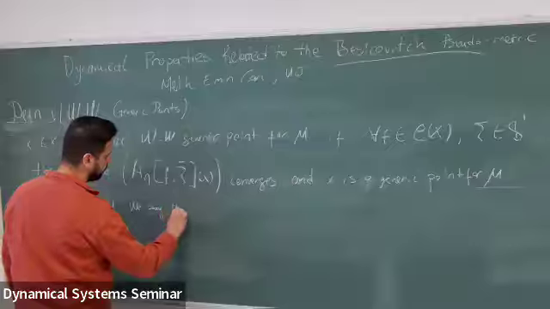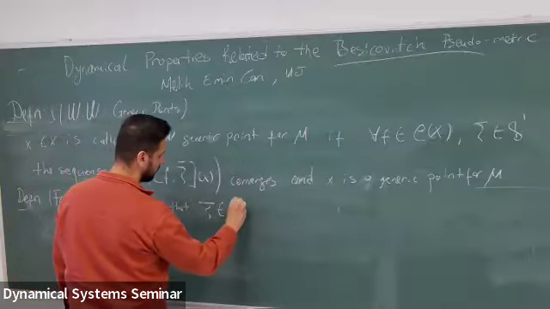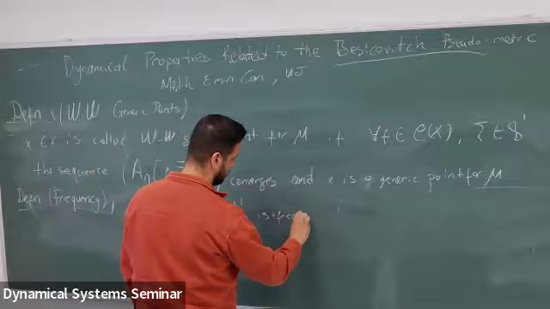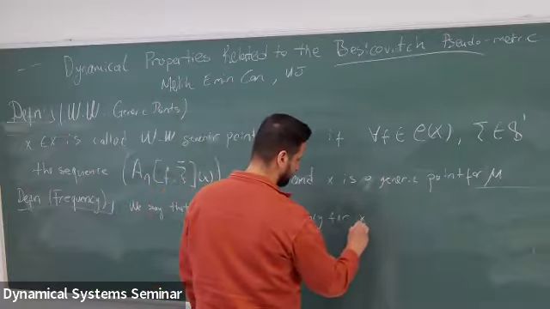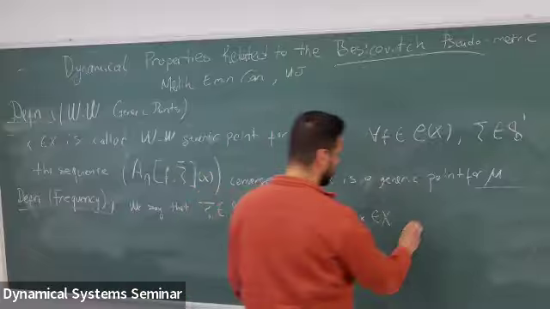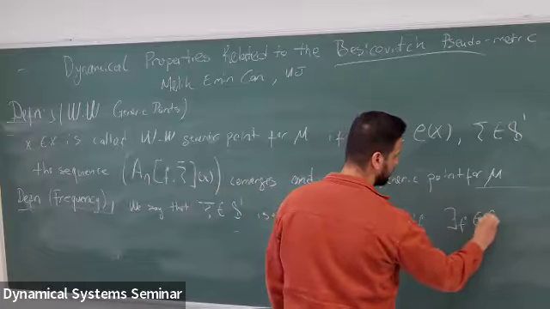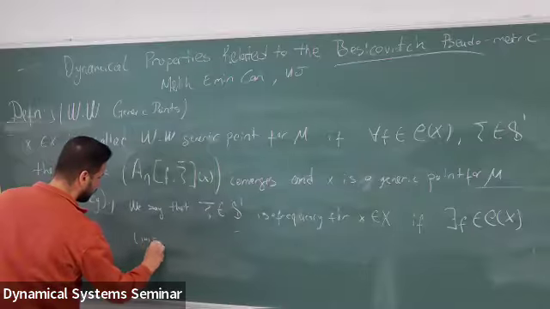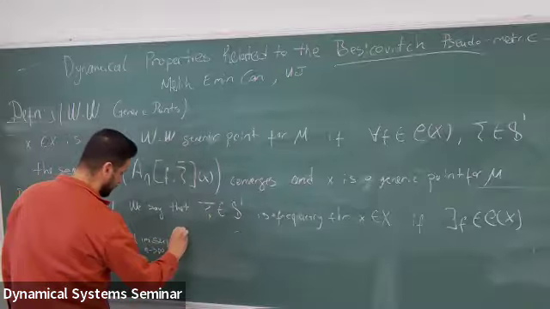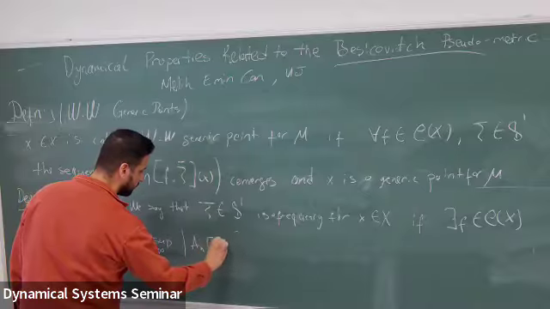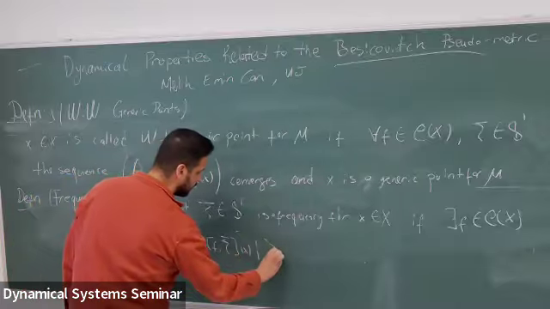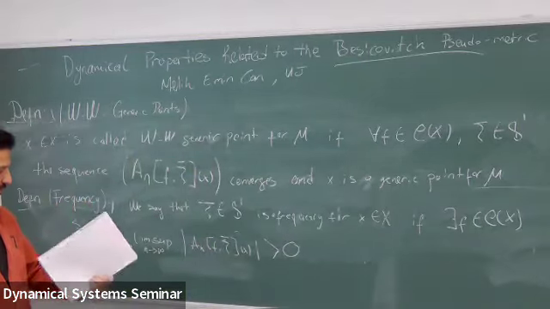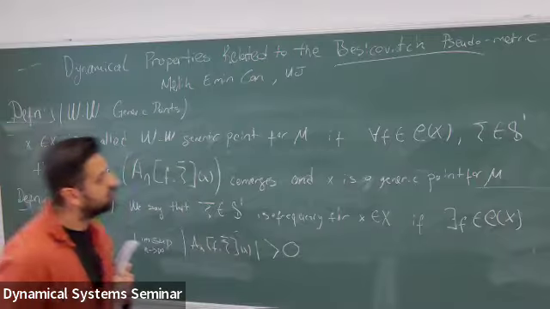We say that c in S1 is a frequency for x if there exists a function such that the absolute value of A_c f(x) is greater than 0. Last definition.